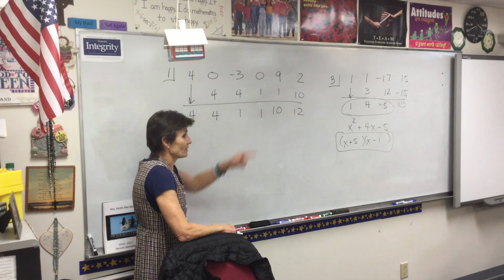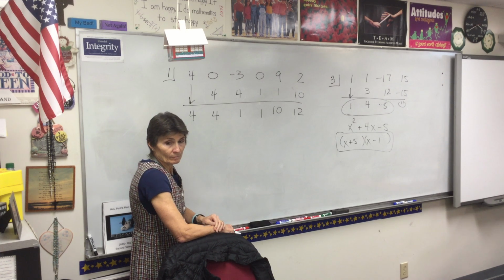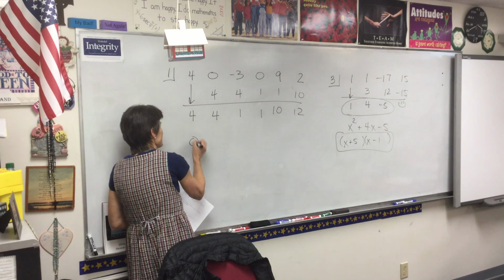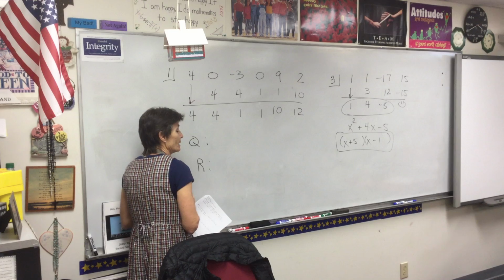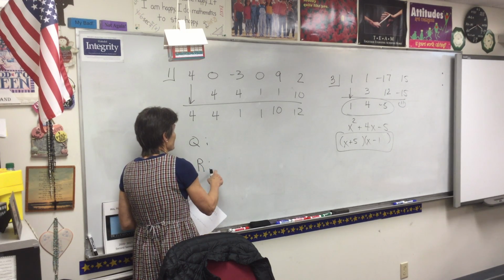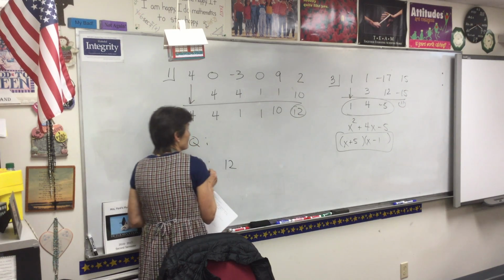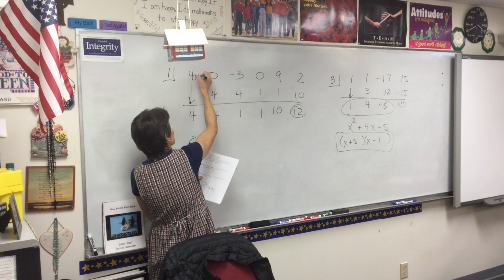Will you get 12 out there? Okay, so what's my answer? I gotta put something down. On the test, it'll actually have 2 blanks. It'll say quotient and remainder. So, what's the remainder? 12. This guy right here is the remainder. And then the original problem, remember, started as x to the 5th.